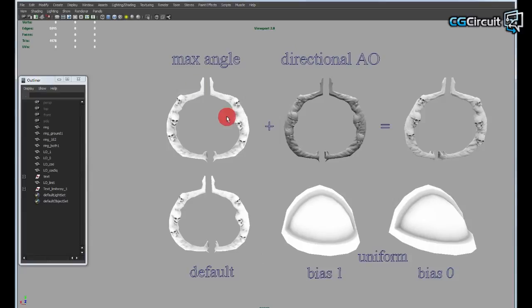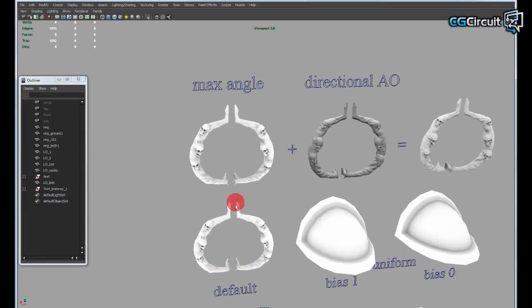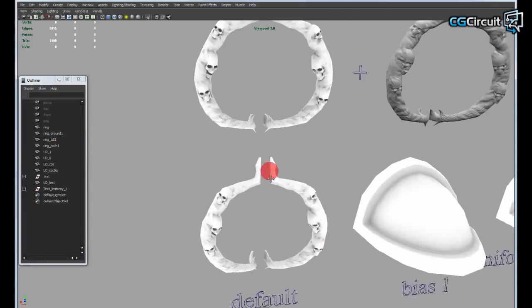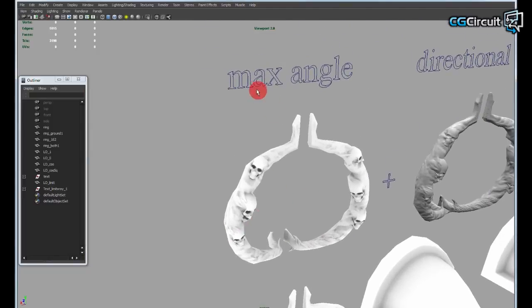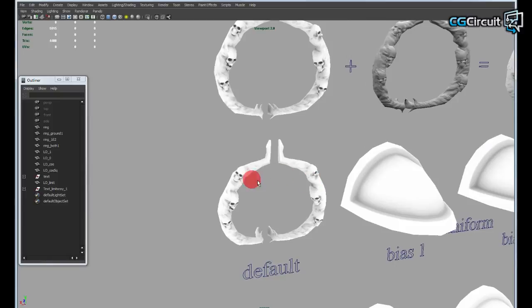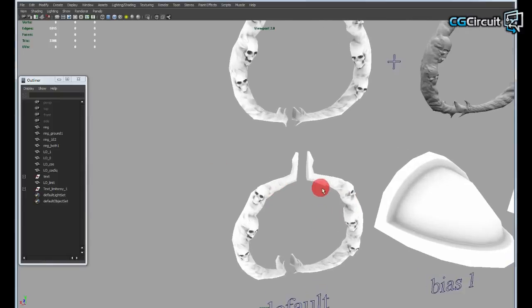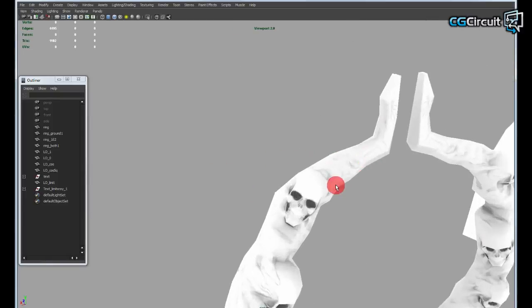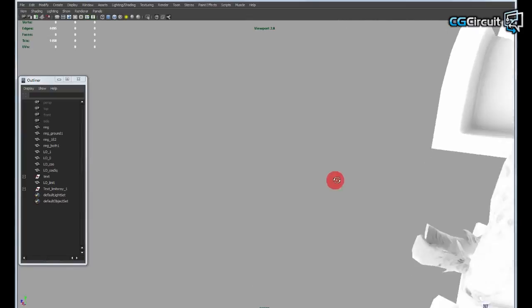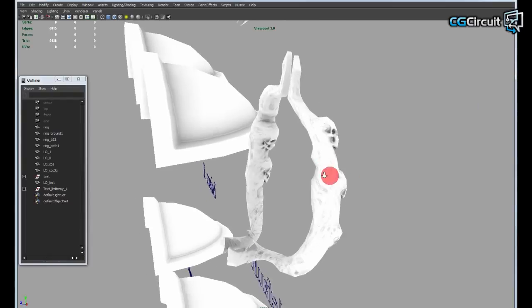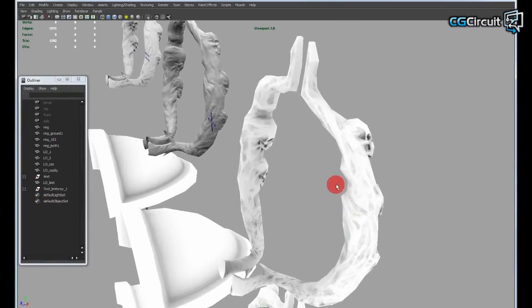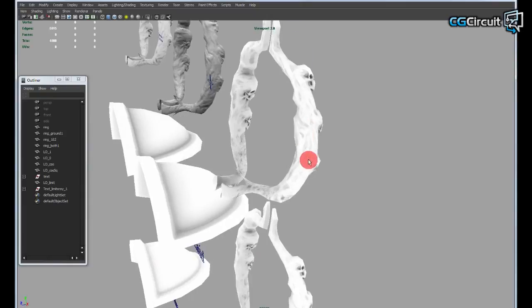And for the angle here, you can see this is the default. Compare that with here on the max angle. If I max out the angle, which I believe is 179.5, something like that, versus the default, which is 162, I think, you can see that on the surface here, some of the detail gets lost compared to if you max it out.